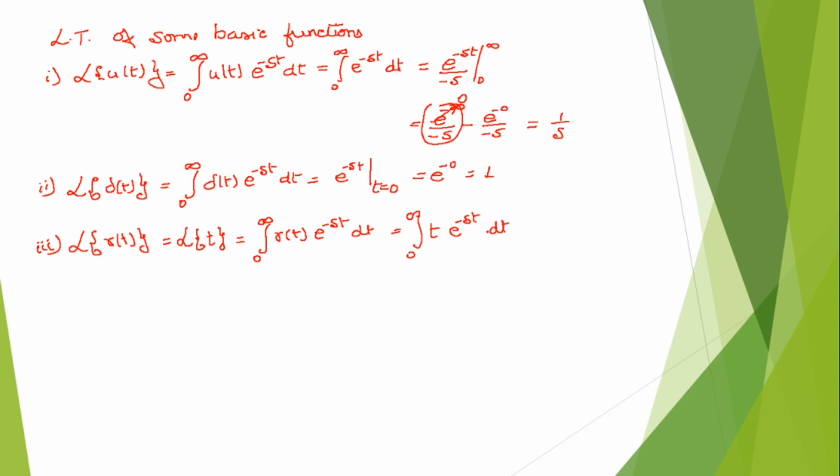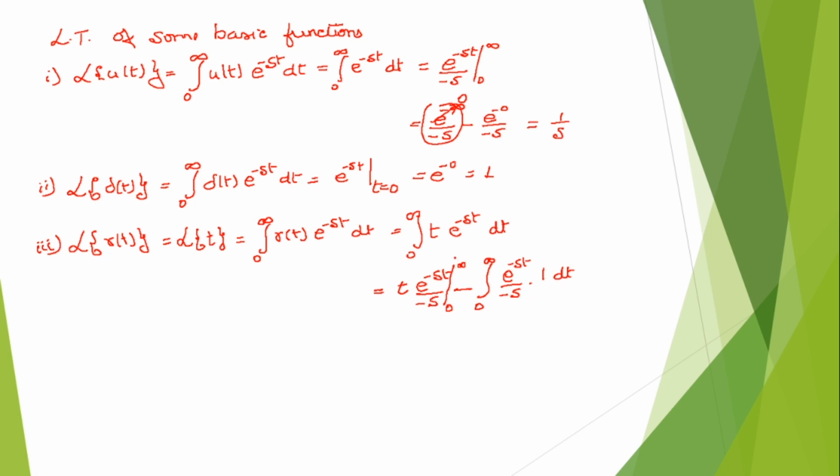Now this is integration with respect to time, and this is a product, t e to the power minus st. So based on the product rule, integration of products, it becomes t e to the power minus st by minus s, limits 0 to infinity, minus integration 0 to infinity e to the power minus st by minus s into 1 dt.